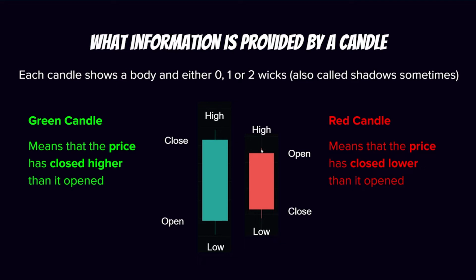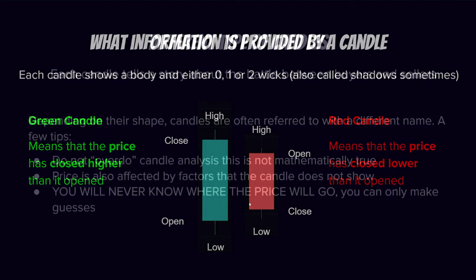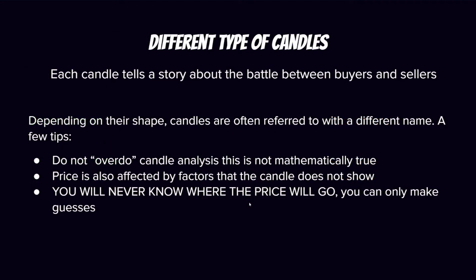Same for this one, it opened here, maybe tried to go higher, tapped the lower spot, and then closed at this price. There are different types of candles, and each one tells a story about the struggle and the battle between the buyers and the sellers.